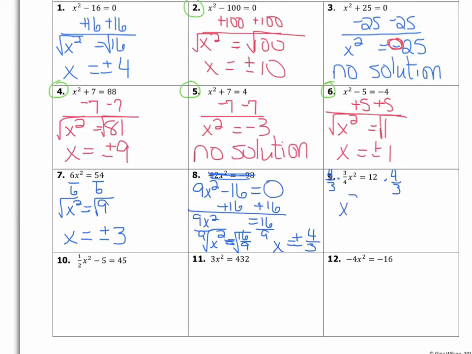So we end up with x squared. What happens over here? We get some canceling going on. We get x squared is 16, and we take the square root of both sides. X is plus or minus the square root of 16, which is 4. Okay? All right, you try 10, 11, 12, then turn the video back on and see how you did.